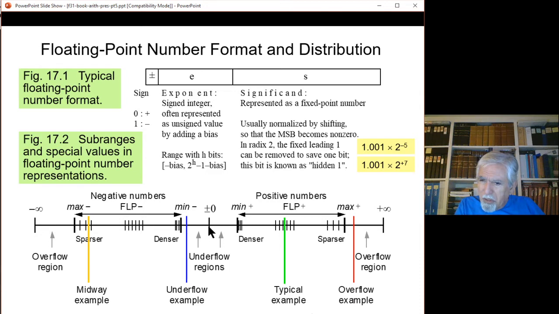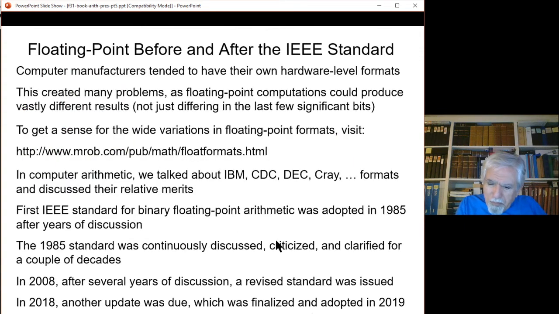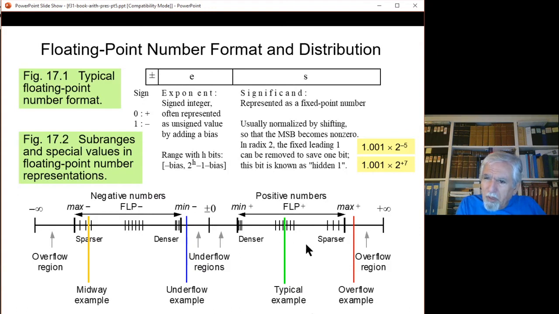Therefore, we need special codes for plus or minus 0, and special codes for plus or minus infinity. Now, when a number gets too large, when it exceeds max plus, we say we have overflow. So if you do some computation and you get a number in this range, we have encountered overflow.